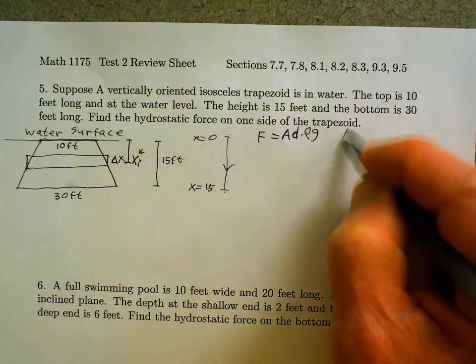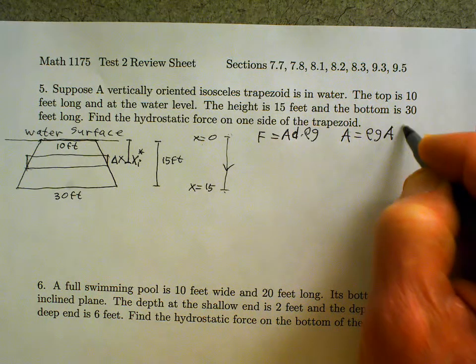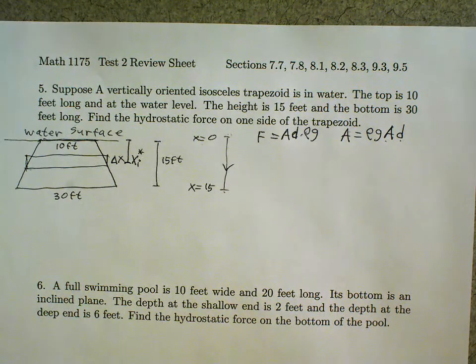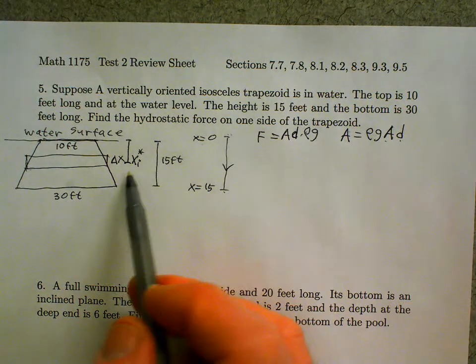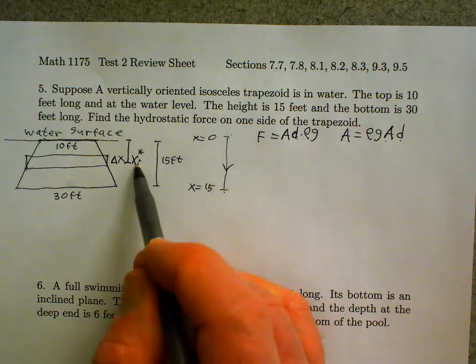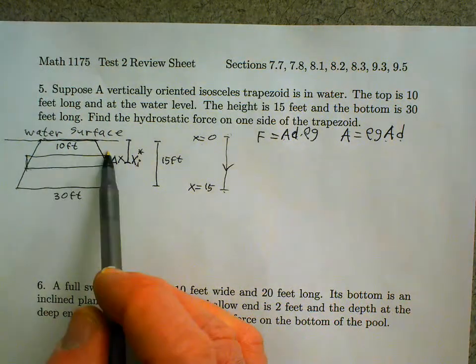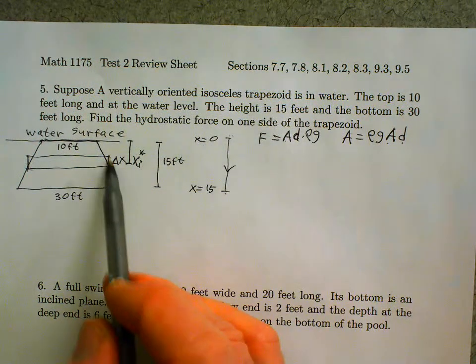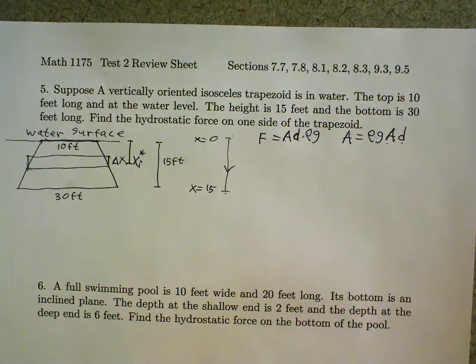Normally we write rho times g times the area times depth. So in our picture, the depth is x sub i, and the area is the area of that rectangle. We know that the length of one side is delta x, and we need an expression for the horizontal side.